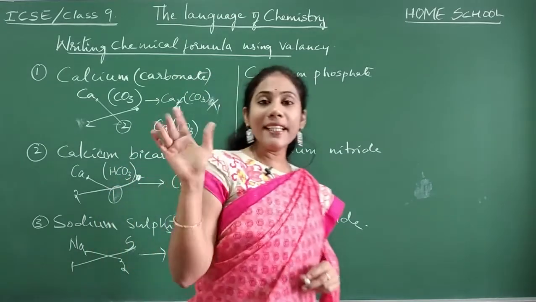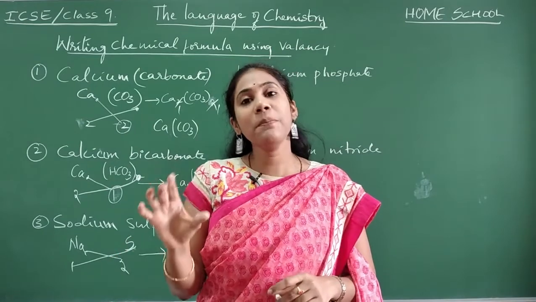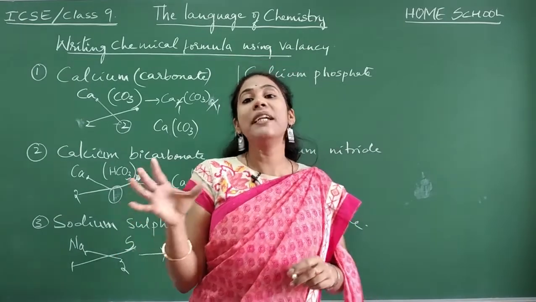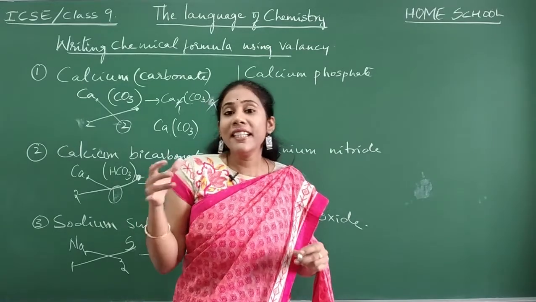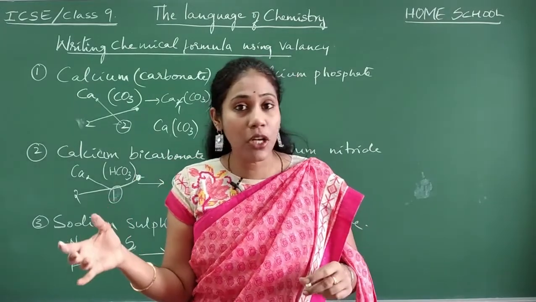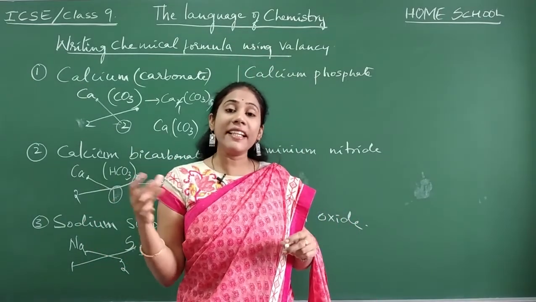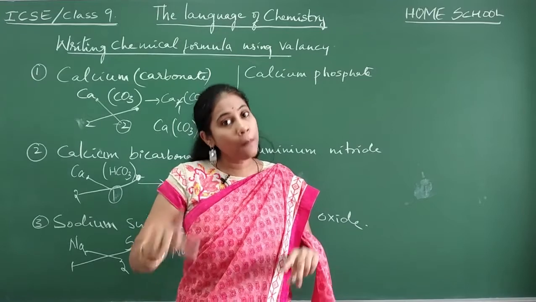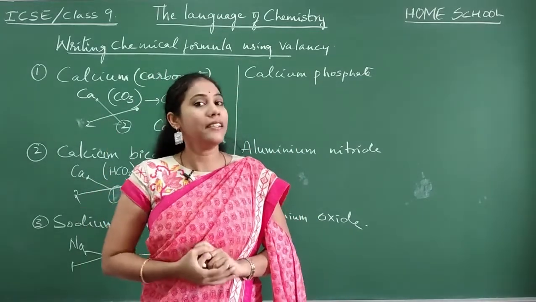Human teeth are made up of calcium phosphate. We keep saying that if you take more calcium, teeth and bones will get stronger and stronger. Yes, so our bones and teeth contain calcium in the form of calcium phosphate. Very important chemical it is.